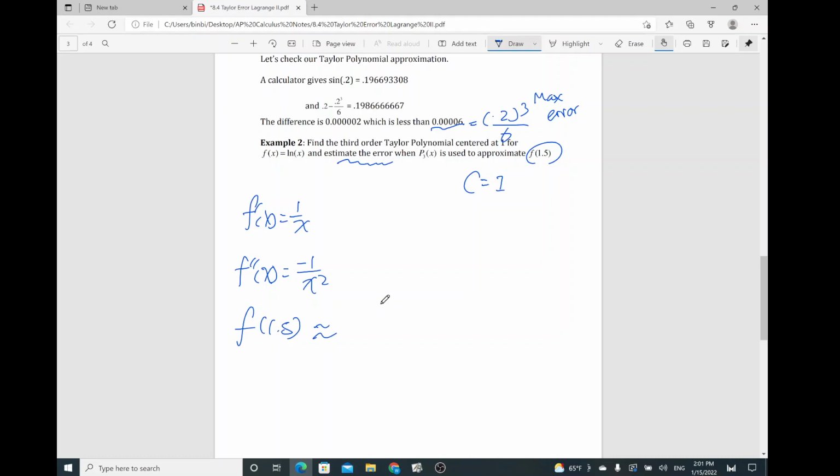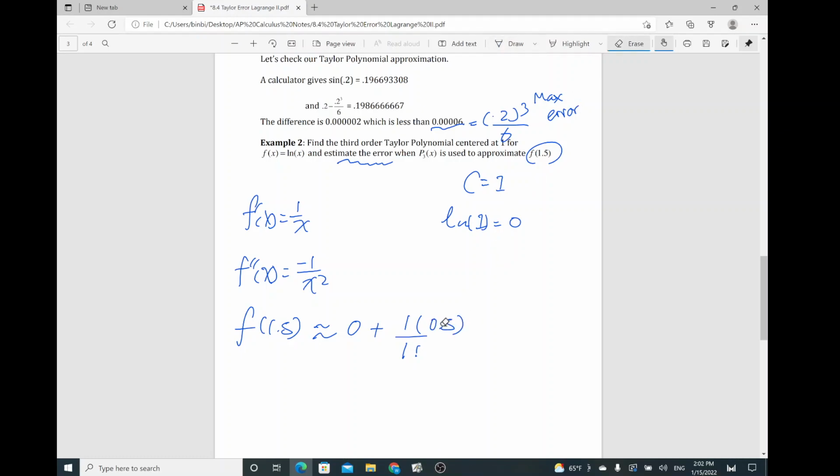So f of c, natural log of 1, that is 0. So the first term is 0. And then the next term, f prime of c, so 1 over 1, which is 1, over 1 factorial times x minus c. So x is 1.5 minus 1, then that'll be 0.5.